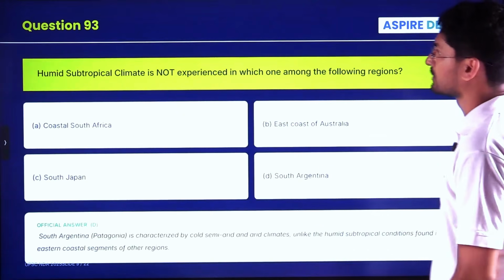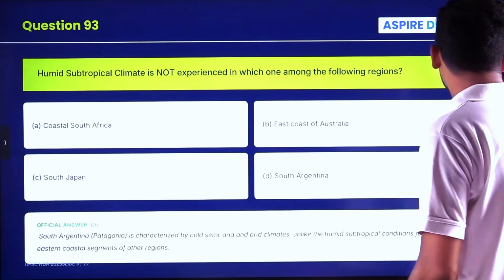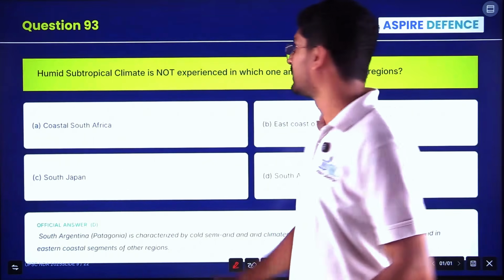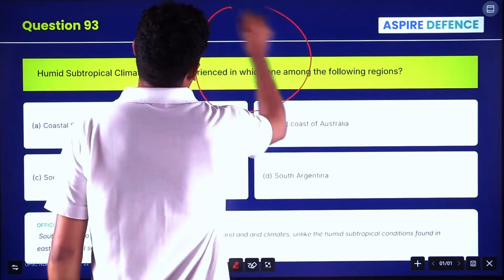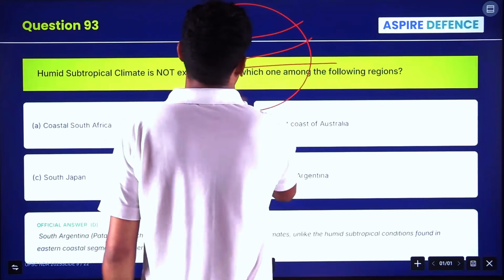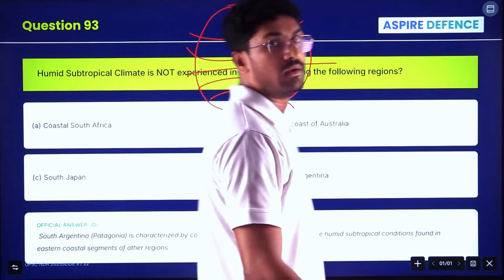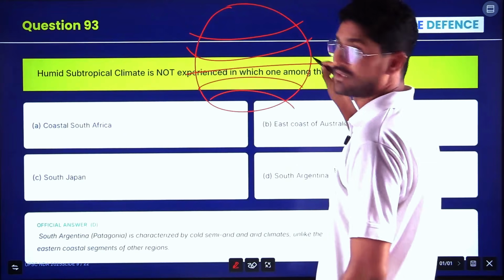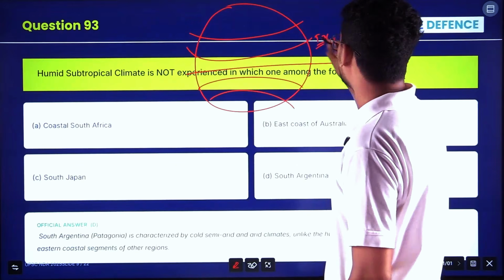So we'll see this question on the humid subtropical climate. You know already the tropical region and the temperate region. As I told you, about the Tropic of Cancer, equator, equatorial region, the tropical region.